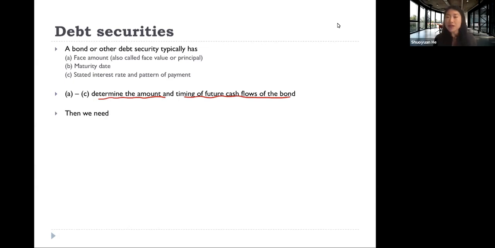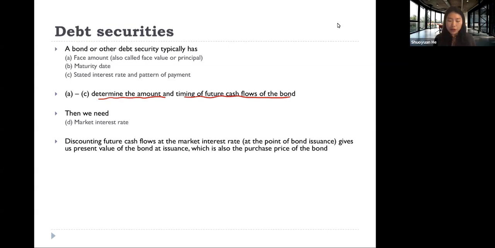Then there is a fourth characteristic, which is the market interest rate. We use this market interest rate to discount future cash flows. So the first three characteristics give us the amount and timing of future cash flows, and then we need the fourth one, the market interest rate, to do the discounting.